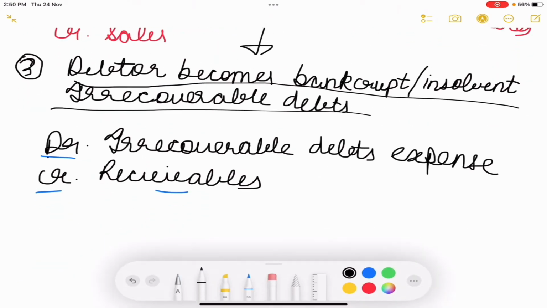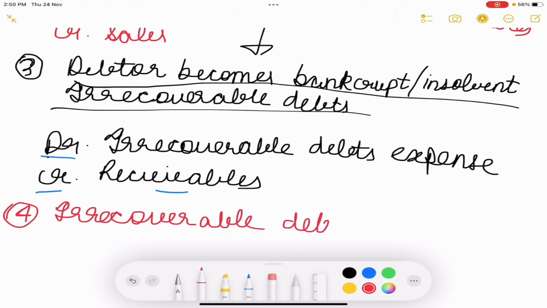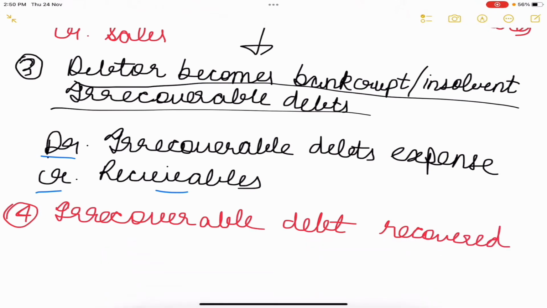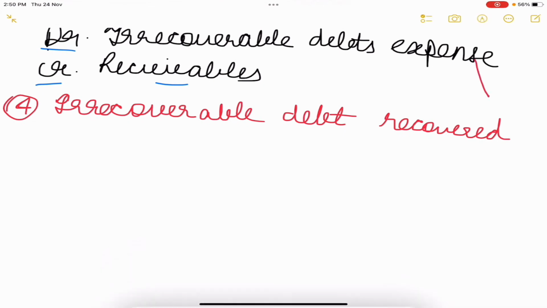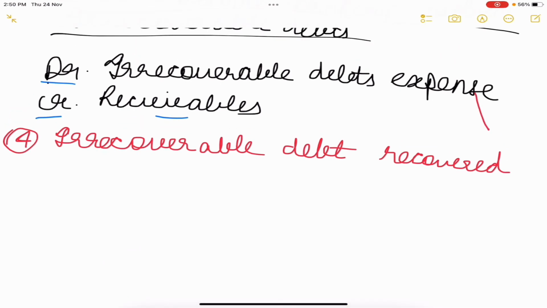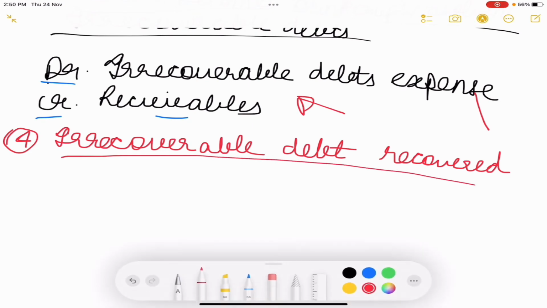Now, what is the fourth entry? Irrecoverable debt gets recovered. We had already closed the account in the third one, right? But now the irrecoverable debt has been recovered.